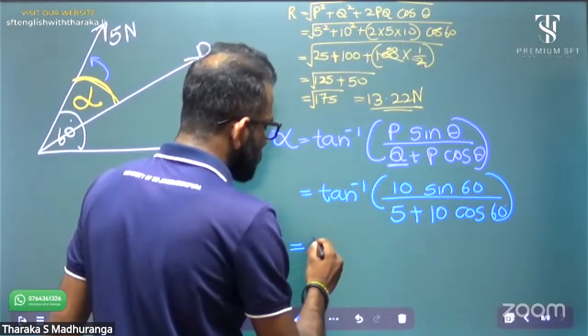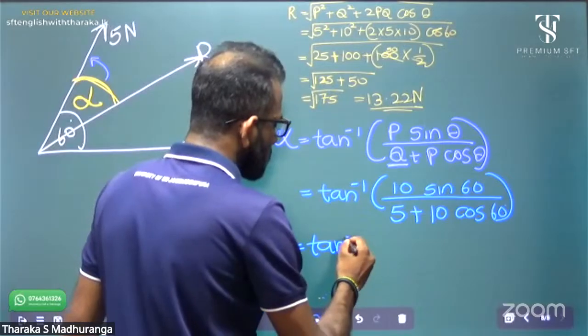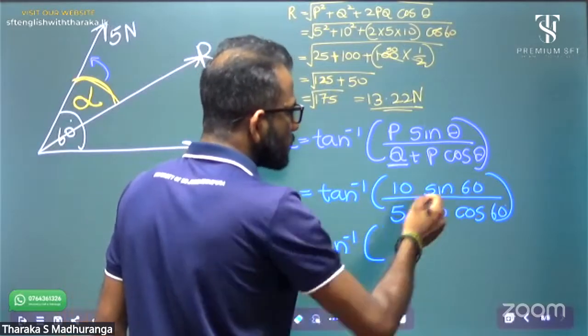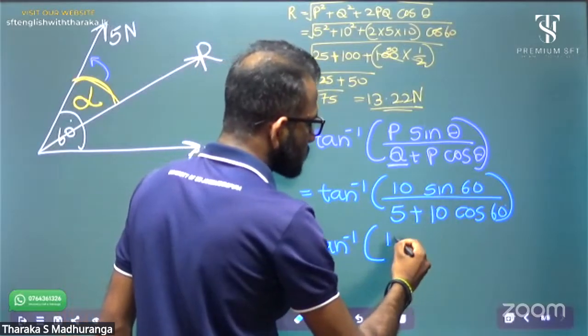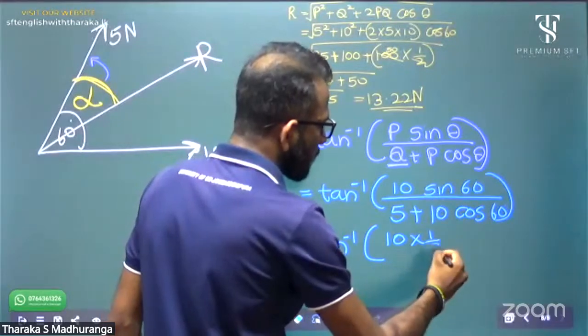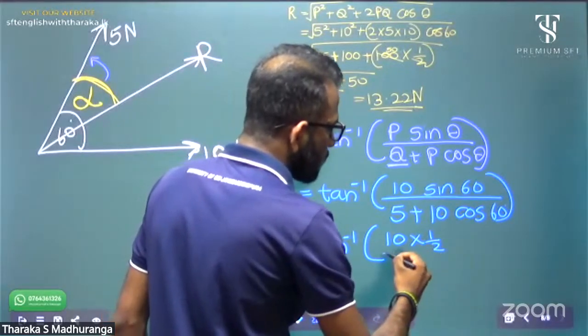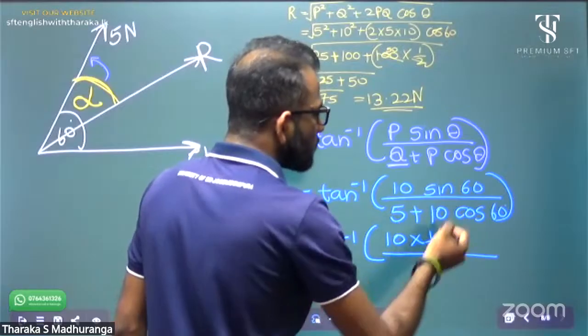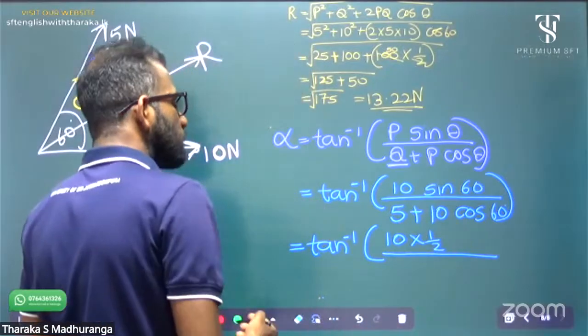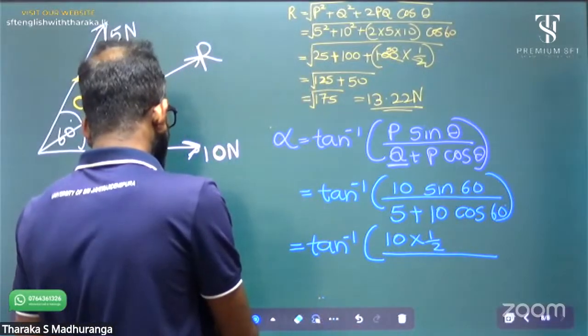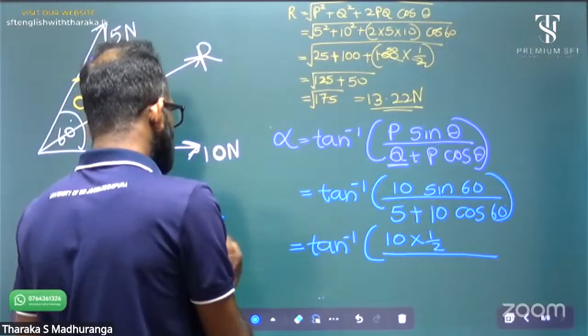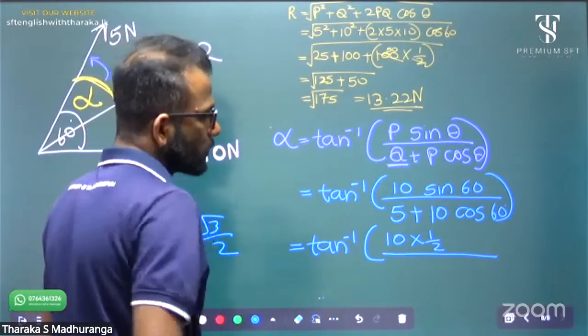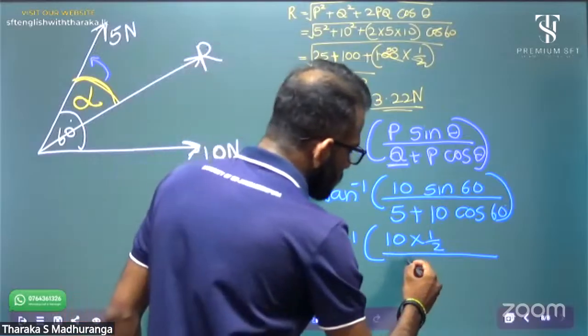Tan inverse. 10 sin 60, it is half, divided by 5 plus 10 cos 60. 10 into root 3 over 2, then it is 5 root 3. 5 plus 5 root 3.